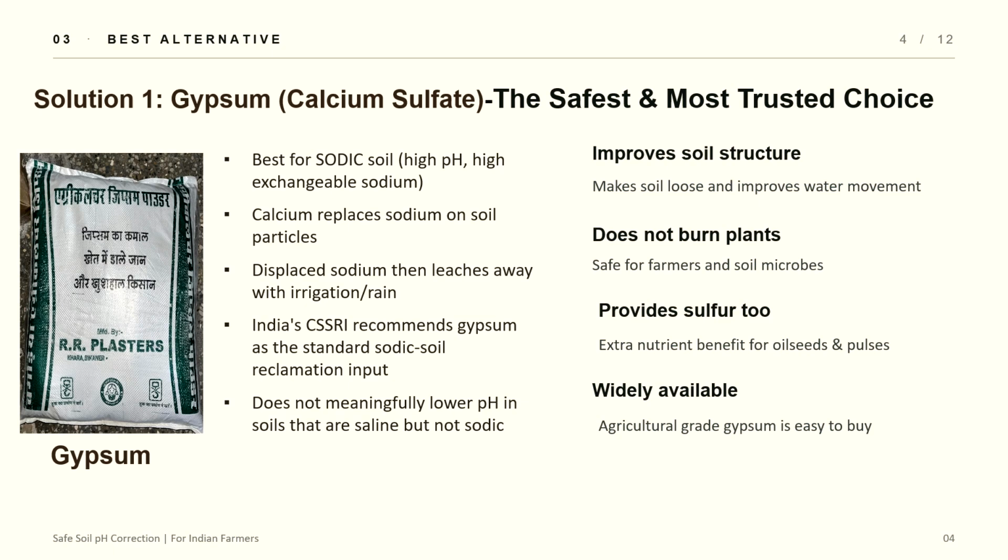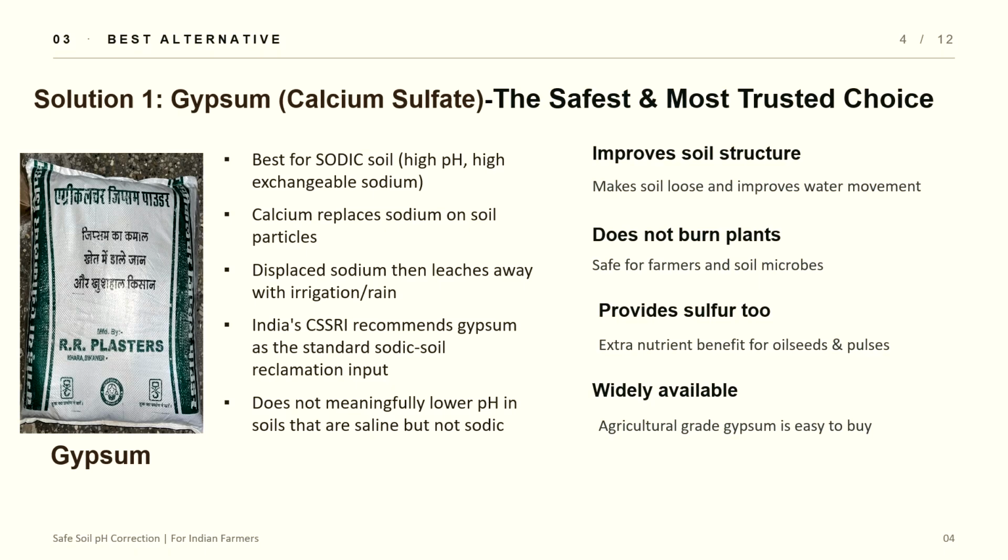It displaces sodium, which then leaches away with irrigation or rain. India's Central Soil Salinity Research Institute recommends gypsum as the standard sodic soil reclamation input. It does not meaningfully lower pH in soils that are saline but not sodic.